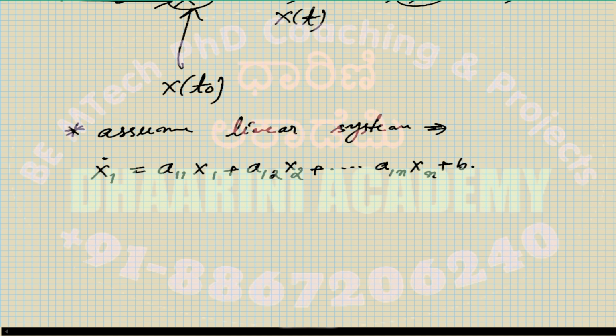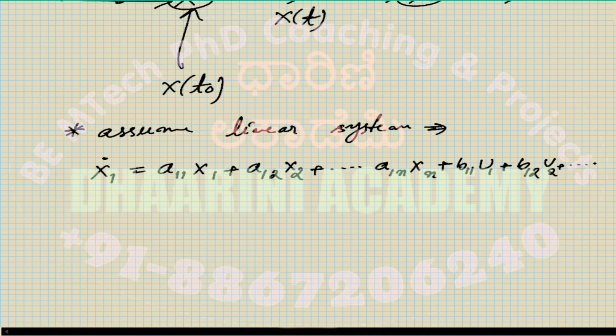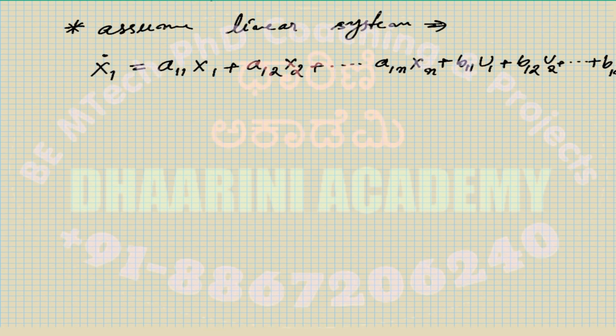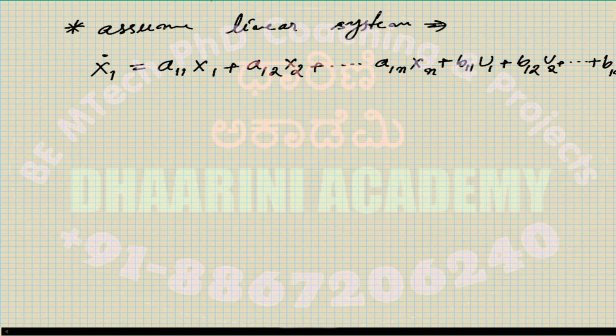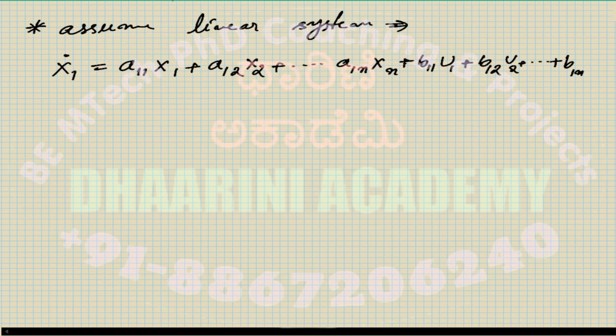For inputs we'll give the coefficients b11 times u1 plus b12 u2 and so on, up to the last term, with m values, plus b1m times um.